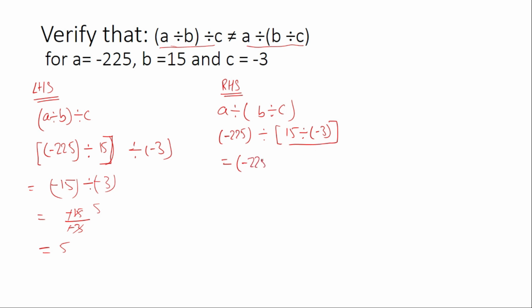So 15 divided by minus 3, the value will be minus 5. Minus 225 divided by minus 5 will be 45. So as you can see, the values of left hand side and right hand side are different. So we can write, LHS is not equal to RHS. So it is verified.